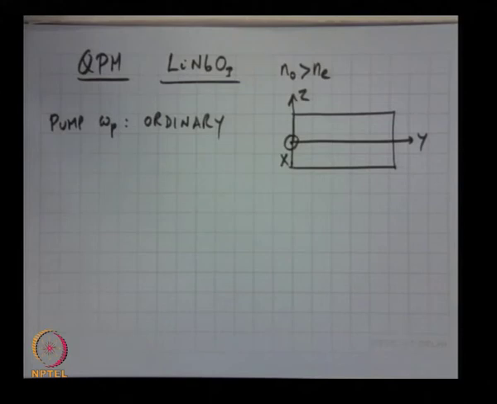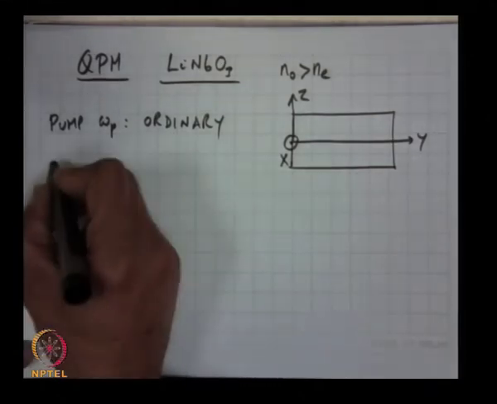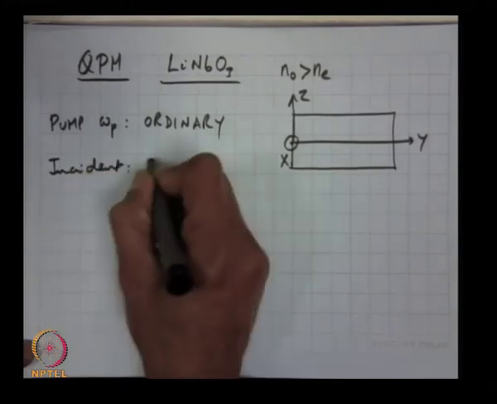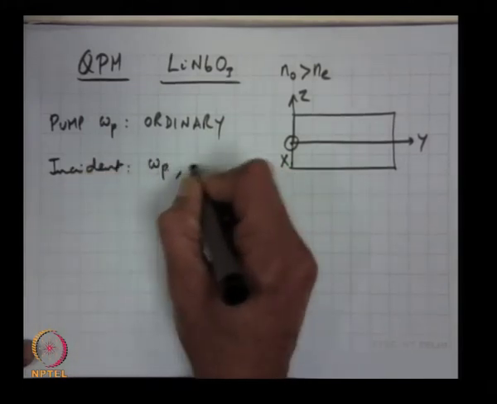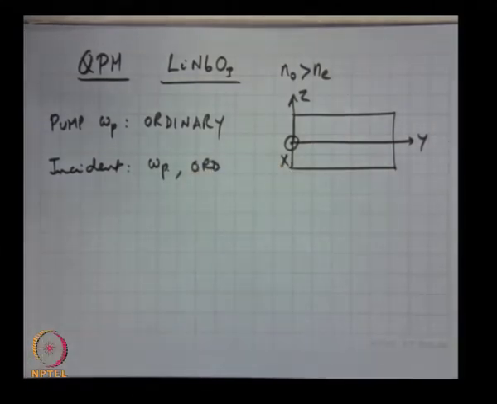Now I want to find out what possibilities can exist. So the incident is omega p, ordinary. I'm looking at down conversion. There are several possibilities.